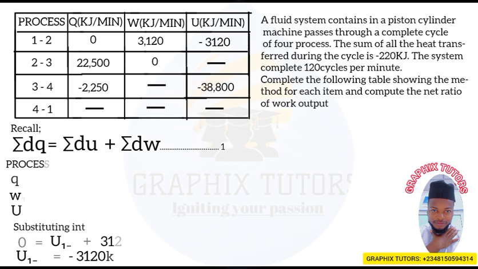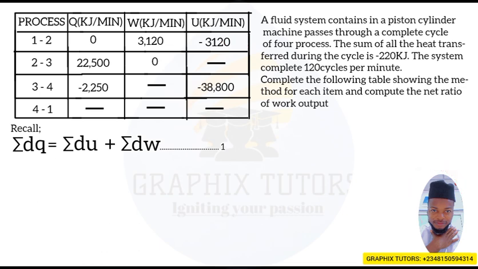Is that taken? Now the same thing applies to process 2 to 3. So when the system moves from state 2 to 3, what will happen? If you look at state 2 to 3, the heat transferred between state 2 to 3 is what? 22,500 kilojoule per minute.